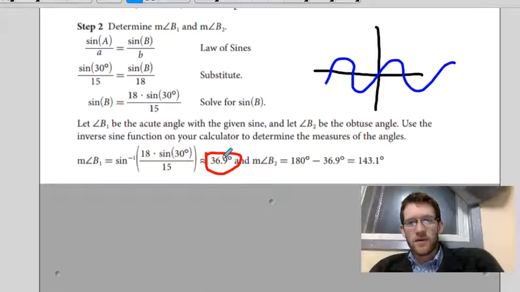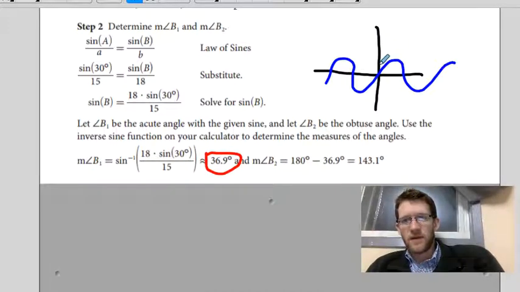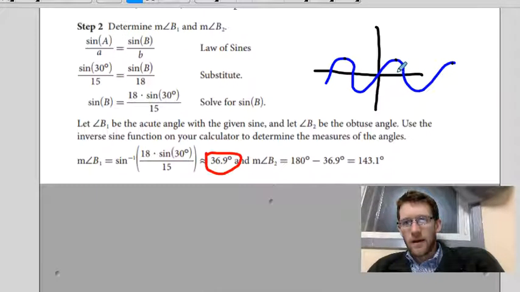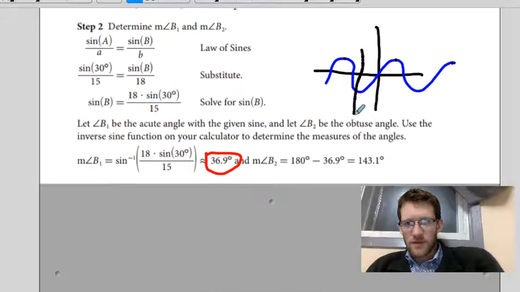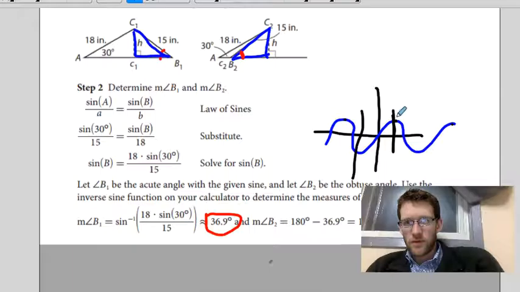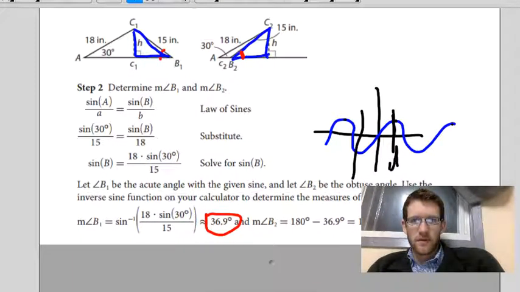When you use the inverse sine, it's trying to do the opposite. It's saying, I give you a y value and you have to tell me what the x value is. So if I say your y value is 1, it could be an x value here, here, or here. So there are multiple possible answers. And so the calculator basically restricts the inverse sine to this zone. All right, that's messy, sorry.